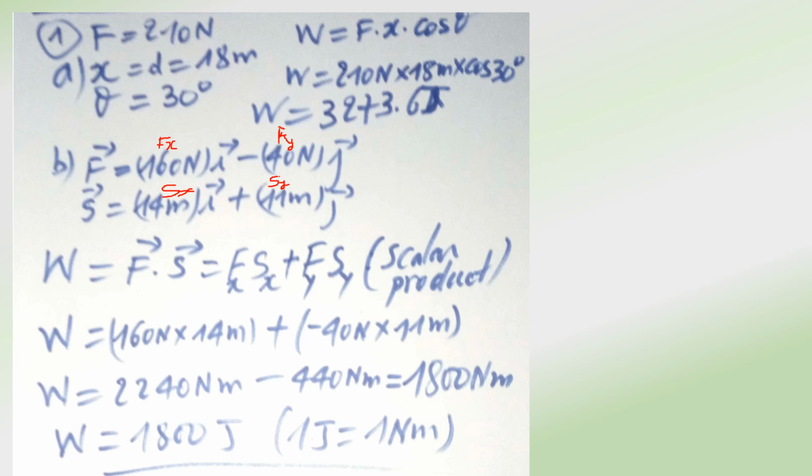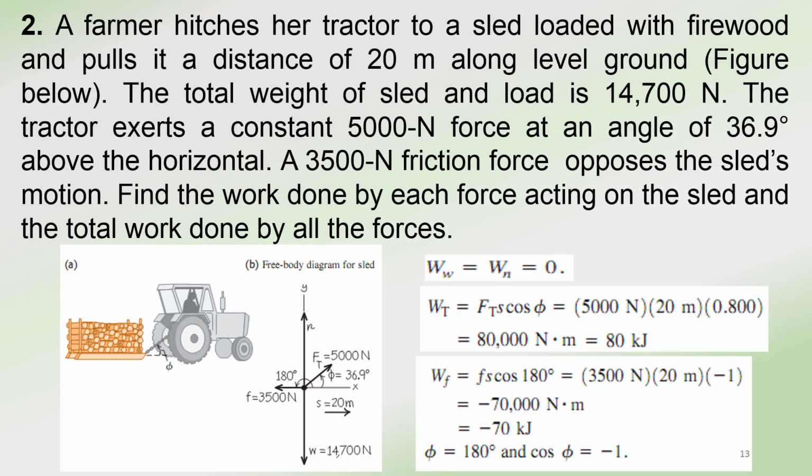Then it's the reason why we took 160 times 14 plus minus 40 times 11, which gives 1,800 joules in total. Because here we have Newton and meter, we know that 1 Newton meter is equal to 1 joule.